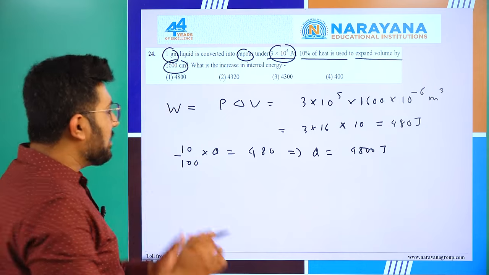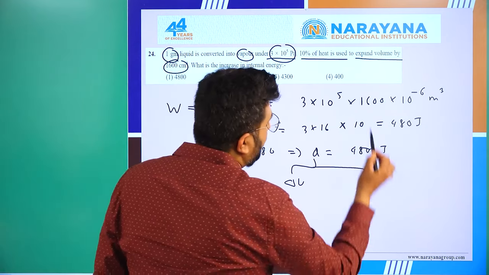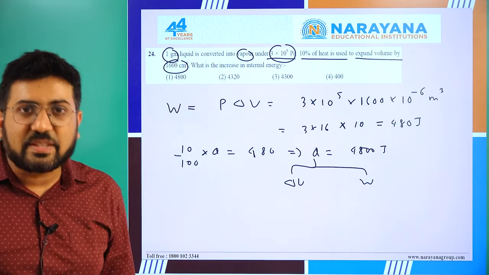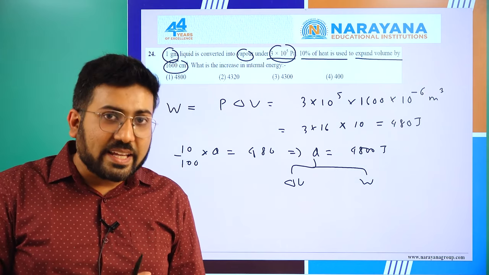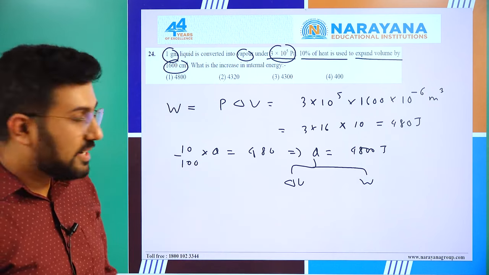Now, I know the first law of thermodynamics relates Q, delta U and W. If W is 10%, that means the remaining 90% of the heat is required to increase the internal energy.